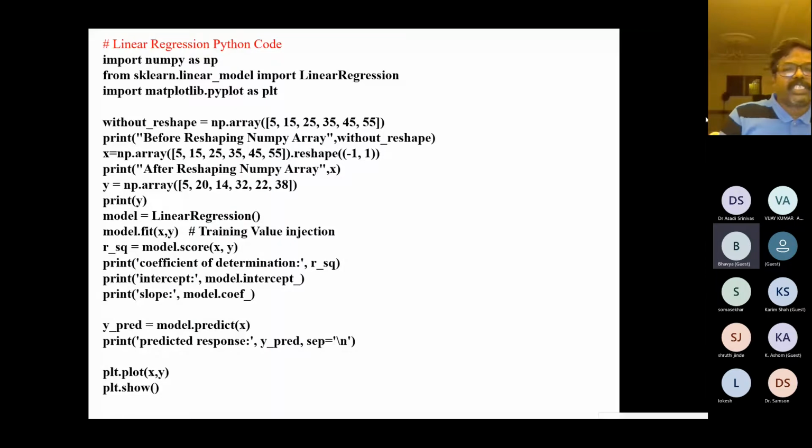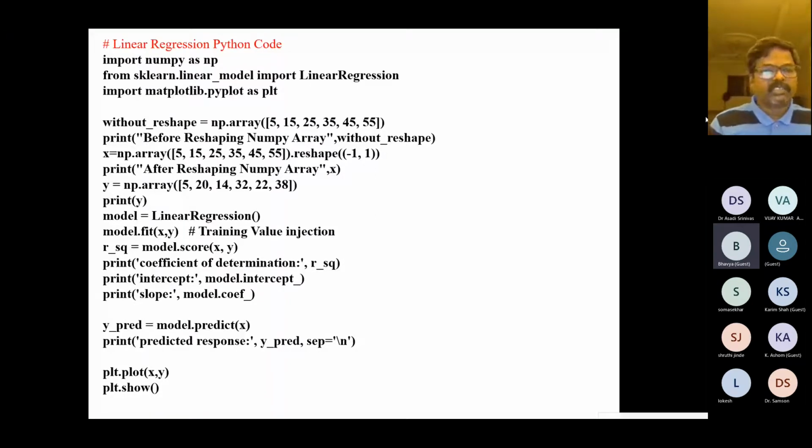Then print before reshaping the numpy array, without reshaping. X is equal to np.array. Then print after reshaping the numpy array. Then the y model, linear regression. I can use LinearRegression directly. model.fit of x comma y.